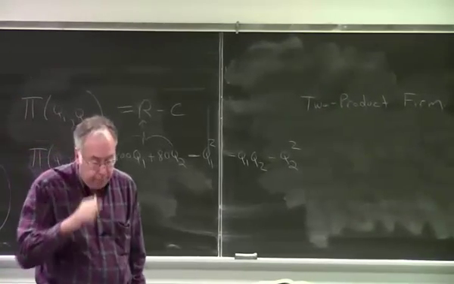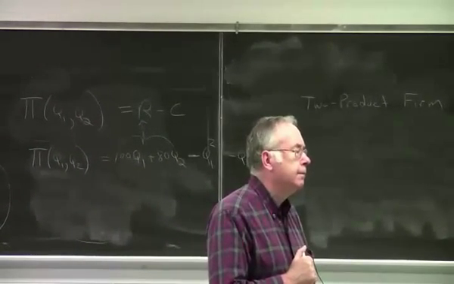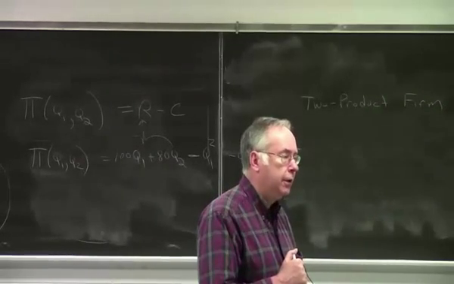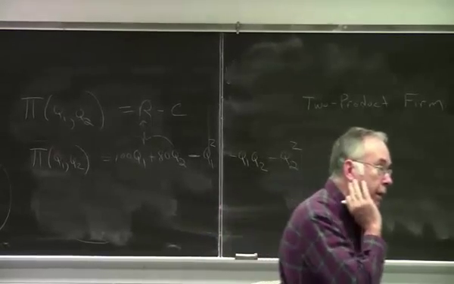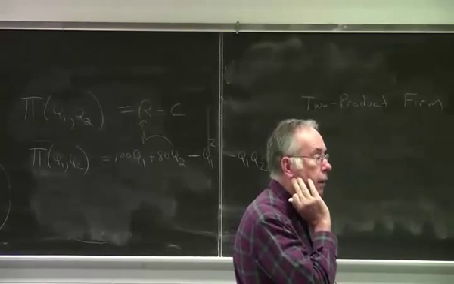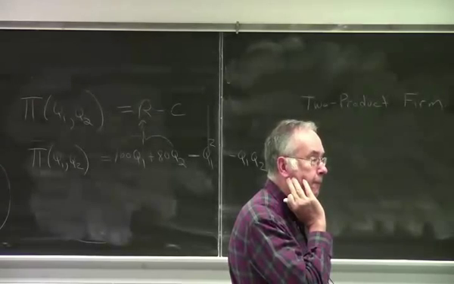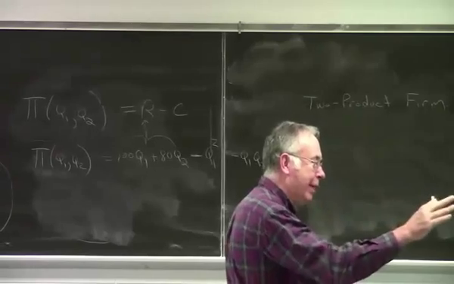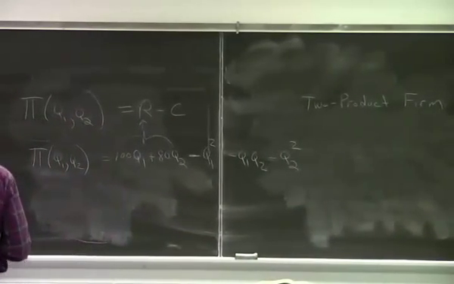What would be our next step if we want to maximize this profit function? Okay, yeah, derivative. Which derivatives are we going to be looking at? All right, Rebecca, can you help us out here?